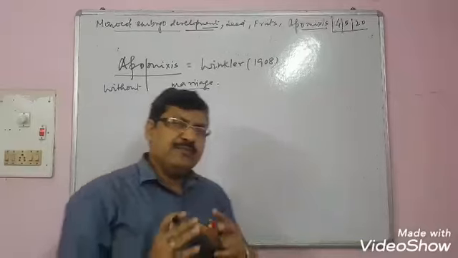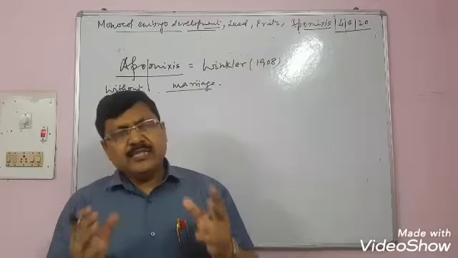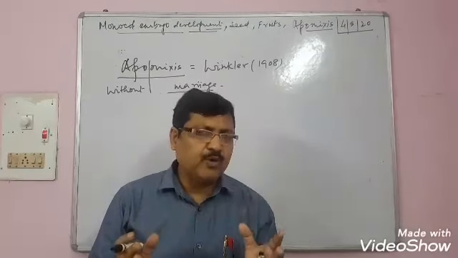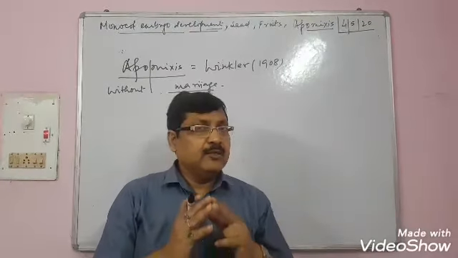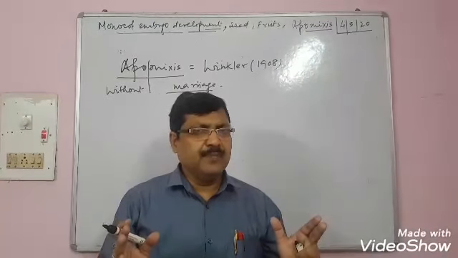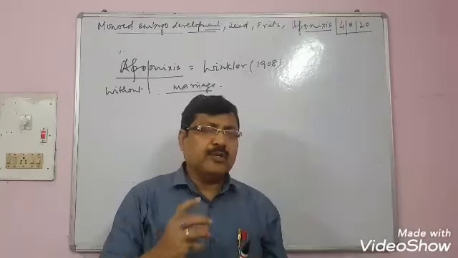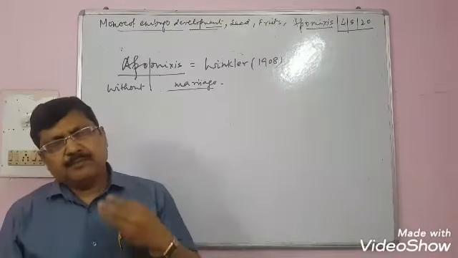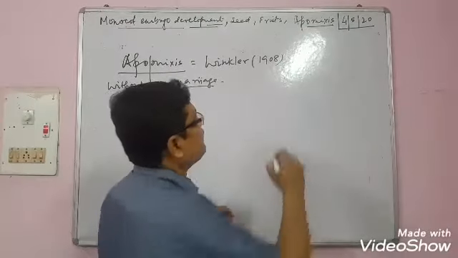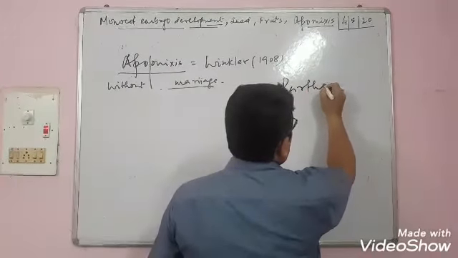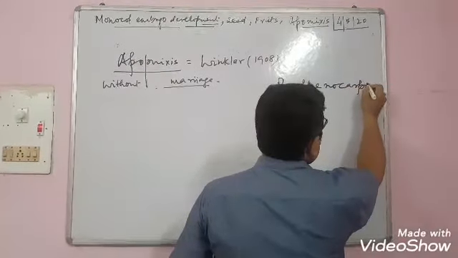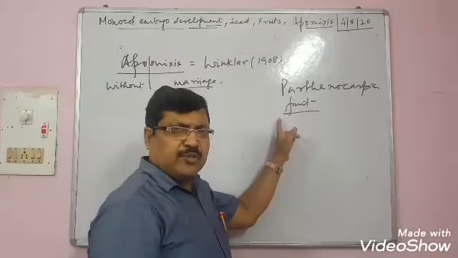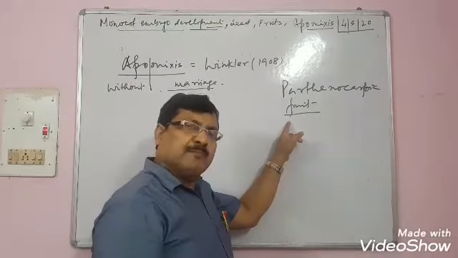In case of apomixis, the seeds develop by the process of asexual reproduction and no fertilization takes place, and the fruit which has such seeds may be termed a parthenocarpic fruit. Parthenocarpic fruit means the development of fruits without fertilization.